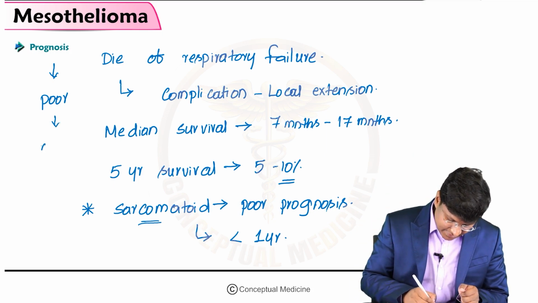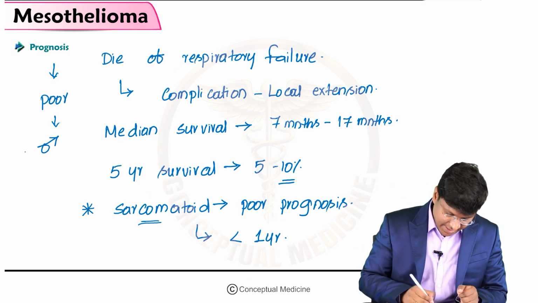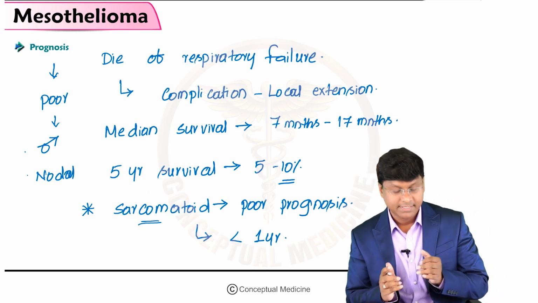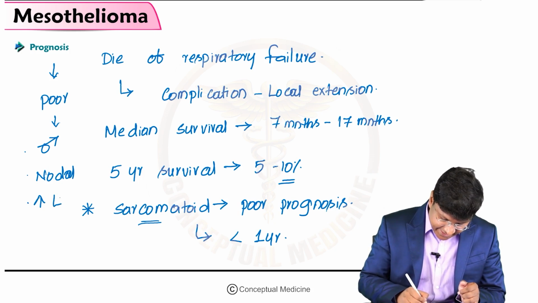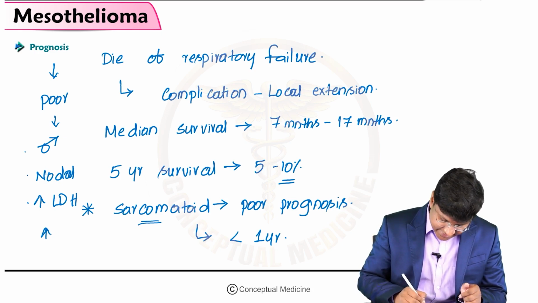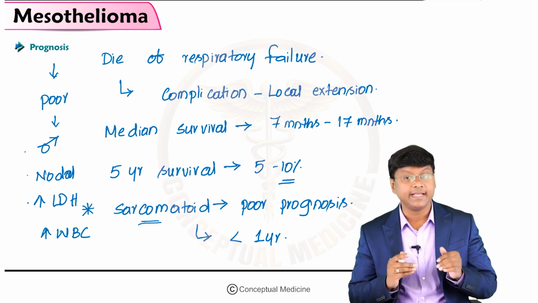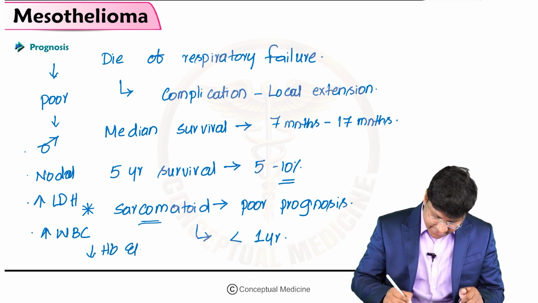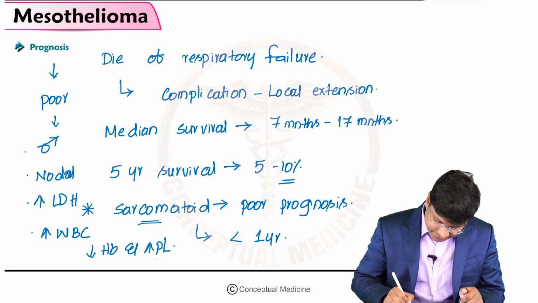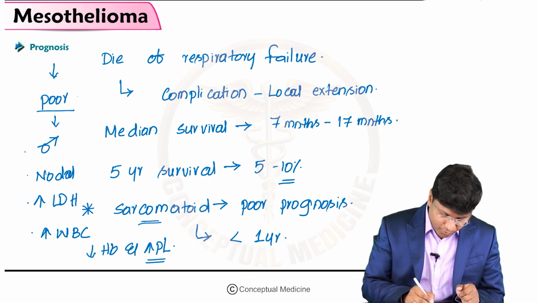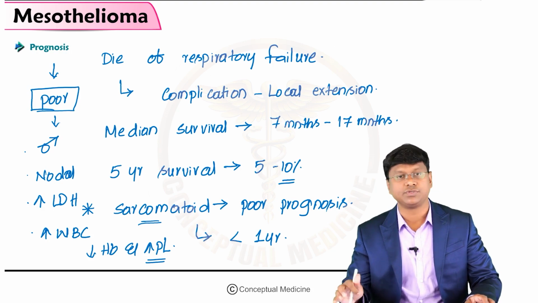Next, male gender, lymph node involvement, that is nodal involvement, elevated lactate dehydrogenase levels, that is elevated LDH, and elevated WBC count. Then low hemoglobin and high platelet count. So these are the poor prognostic factors in a patient with mesothelioma, right?